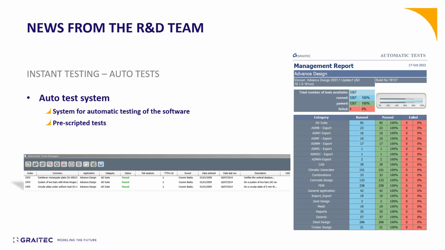Another point I want to mention is the automatic test system we use. The system is our internal tool that can perform automatic tests based on pre-scripted tests. Such tests run automatically and compare actual results with the expected results. This year, we again expanded the number of tests, and what is important, we changed the way the tests are run.